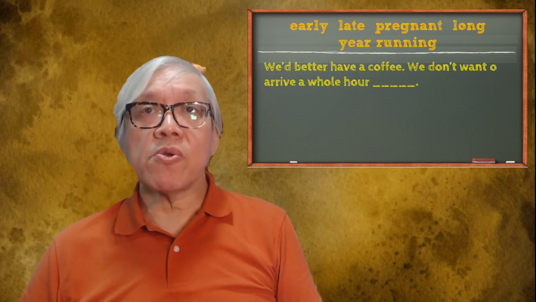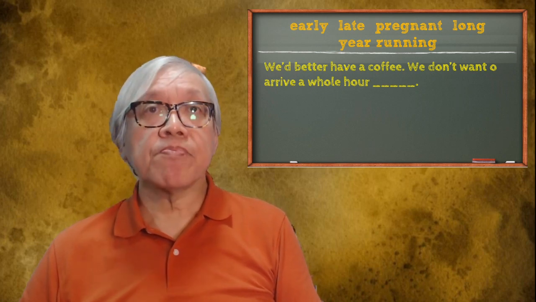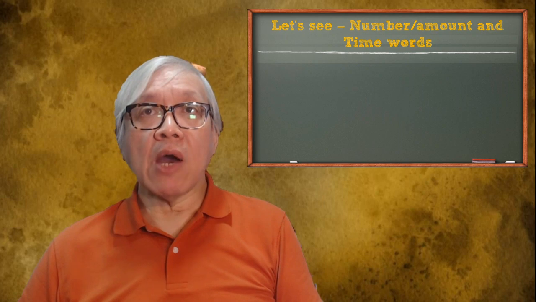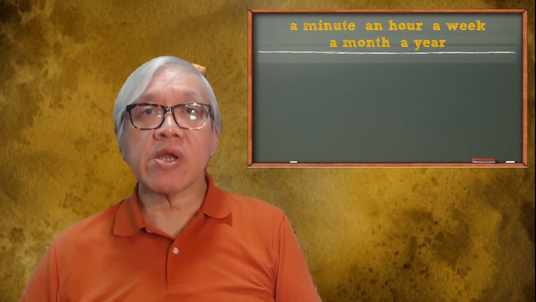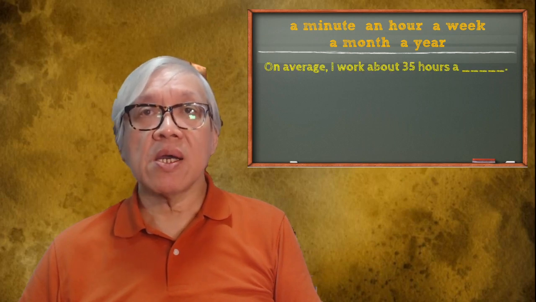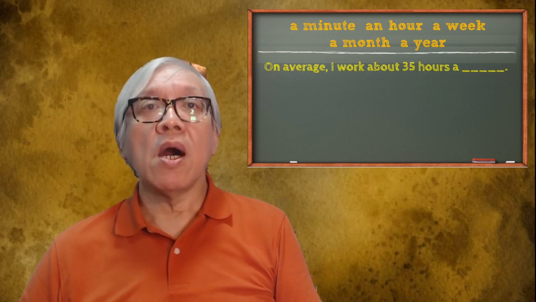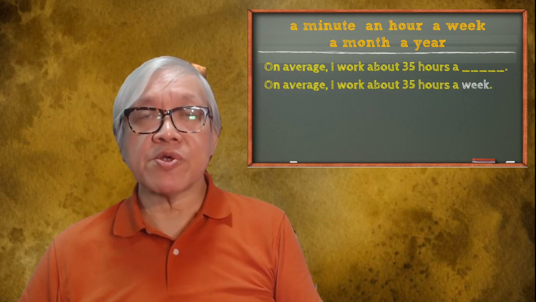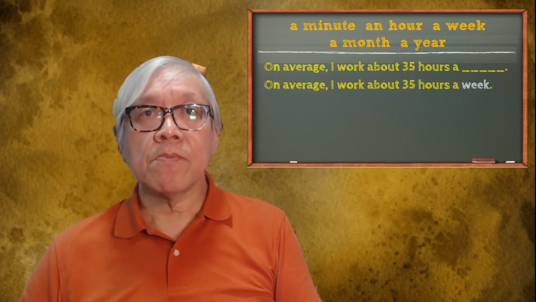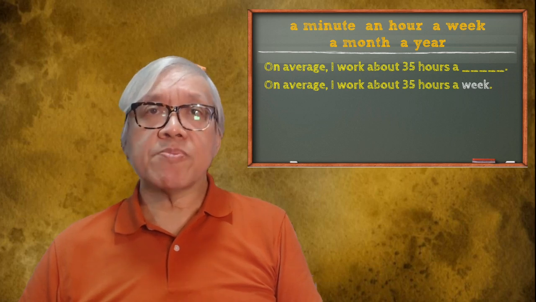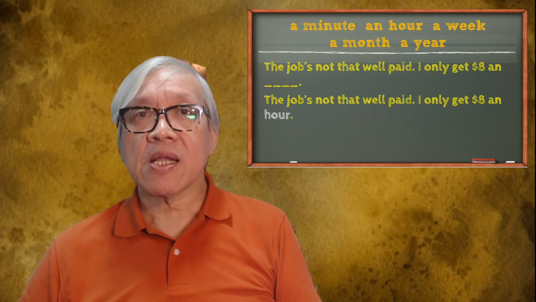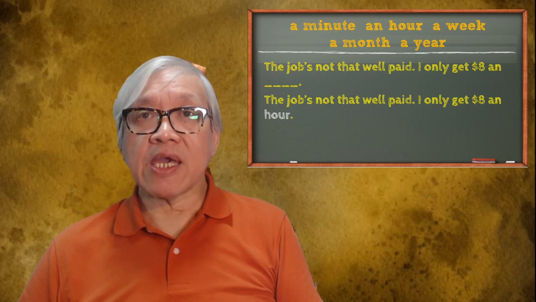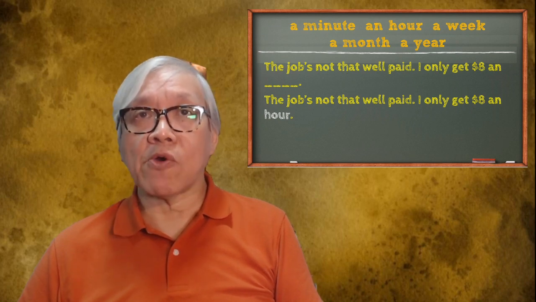Now let's see, number, amount, and time words. A minute, an hour, a week, a month, or a year. On average, I work about 35 hours a week. The job's not that well paying. I only get $8 an hour.